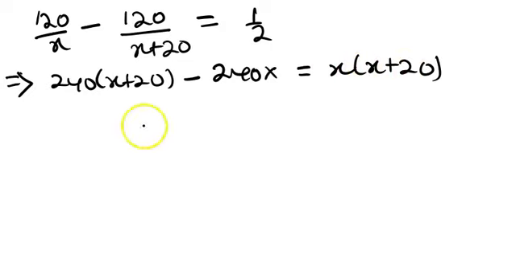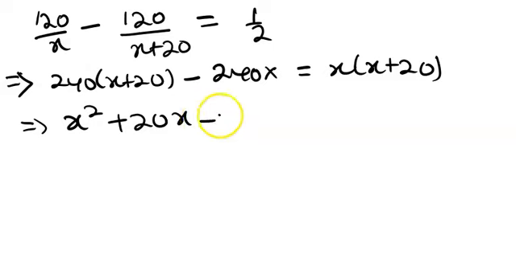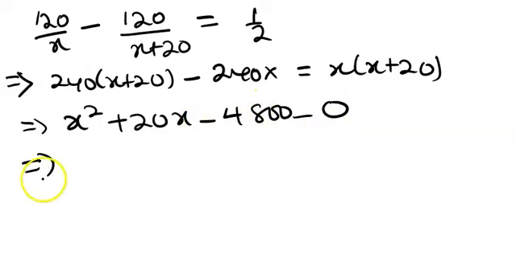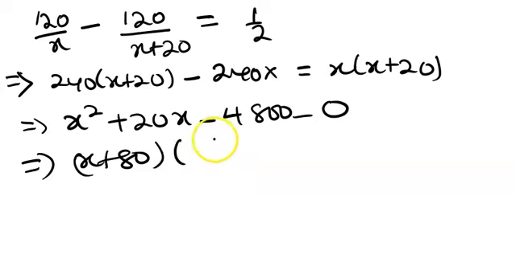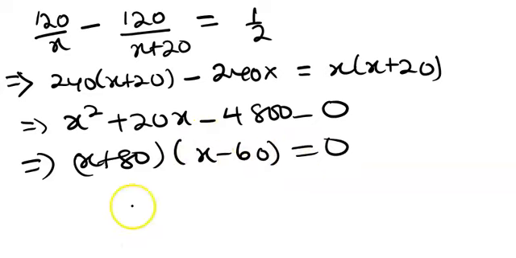So when we simplify, we are getting x squared plus 20x minus 4,800 is equal to 0. So factorizing, we have x plus 80 times x minus 60 is equal to 0.